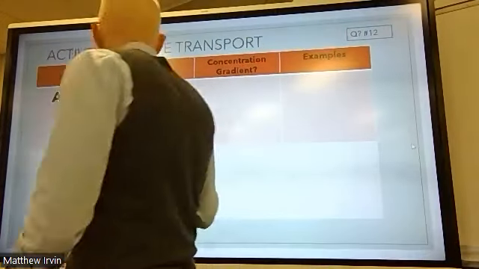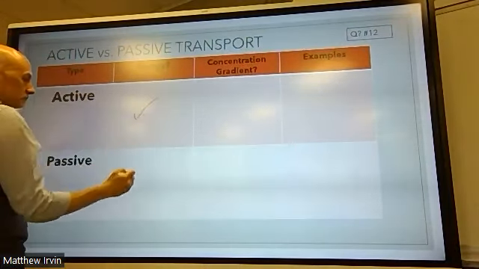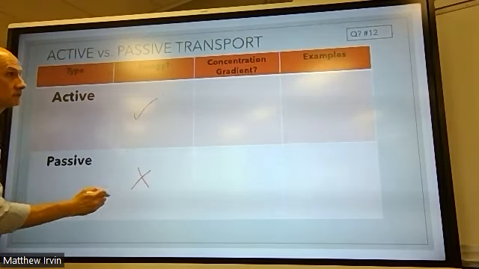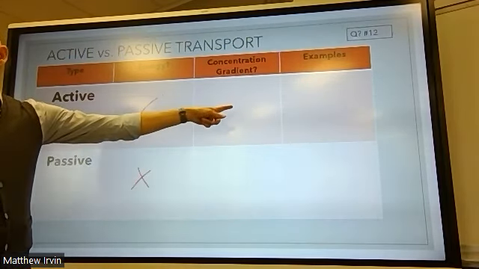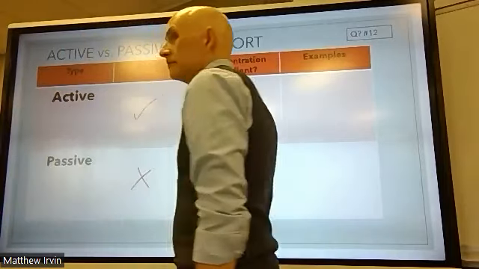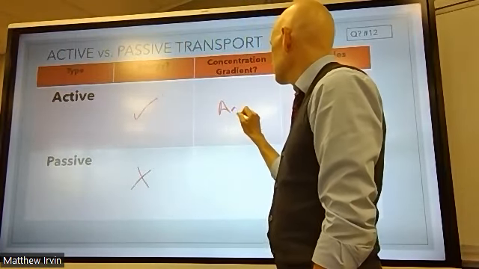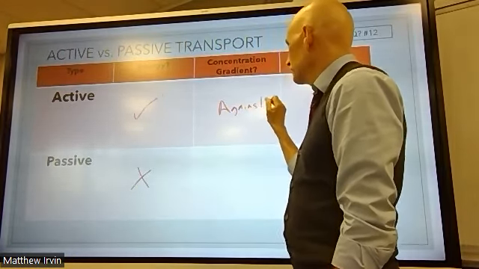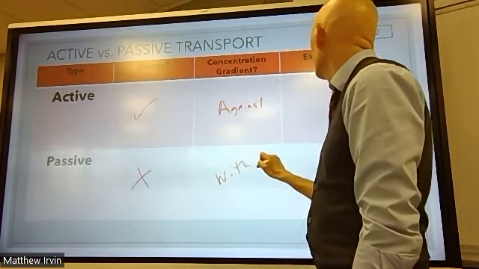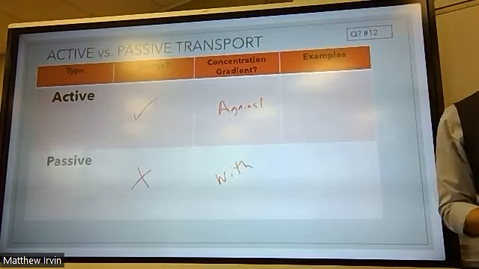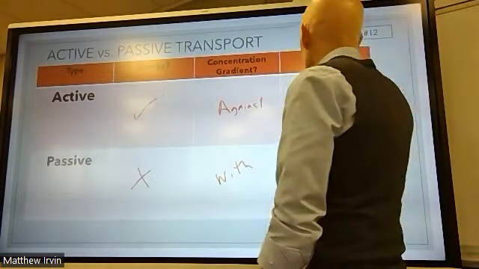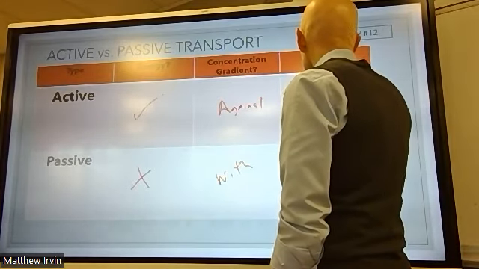Energy, yes or no? No. Concentration gradient. Against. Against. Passive with. Examples of active transport: sodium potassium pump.